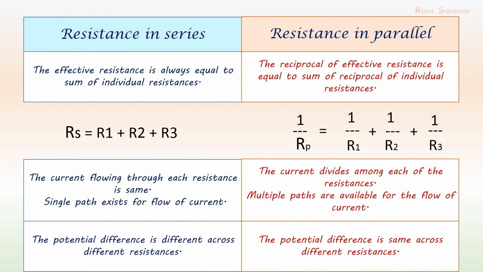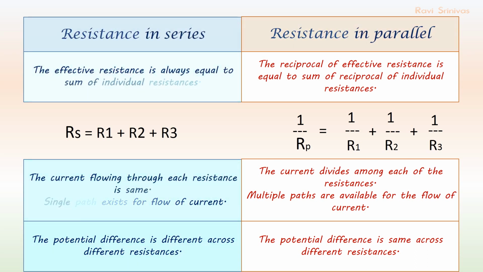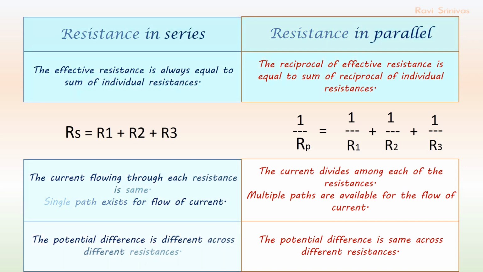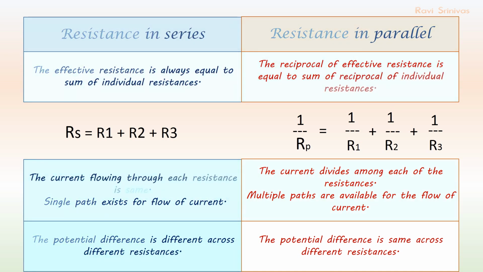We can summarize the important differences between series and parallel combination of resistors. Rs equal to R1 plus R2 plus R3 for series combination and 1 by Rp equal to 1 by R1 plus 1 by R2 plus 1 by R3 for parallel combination.